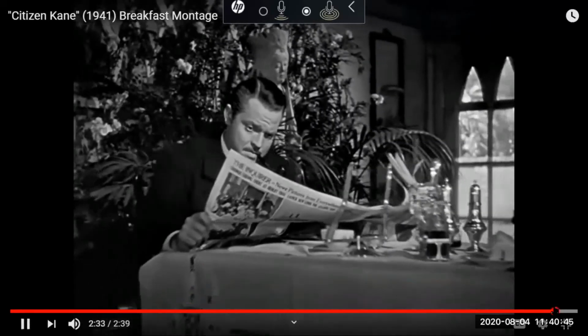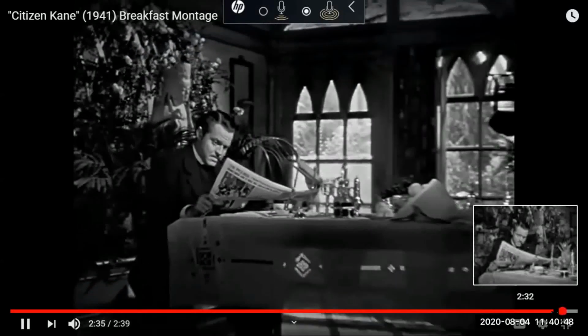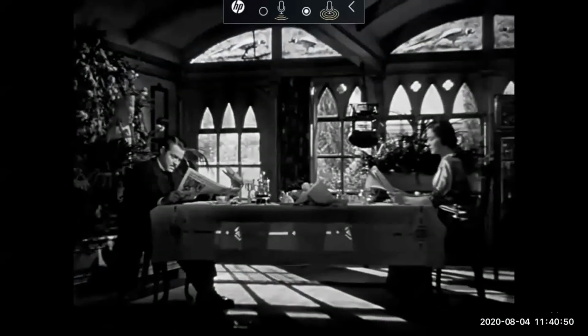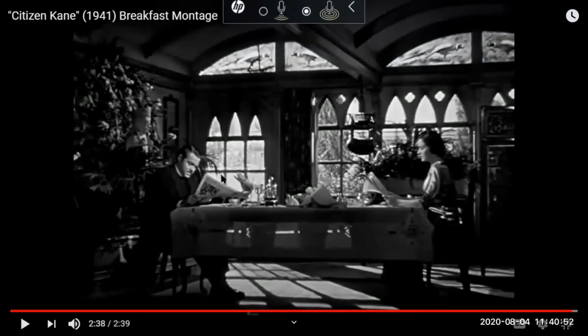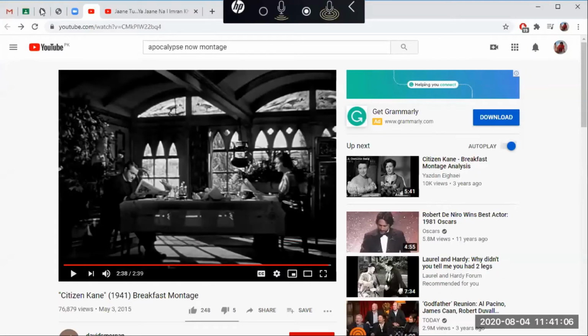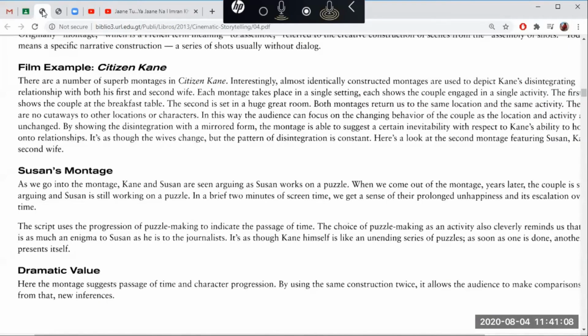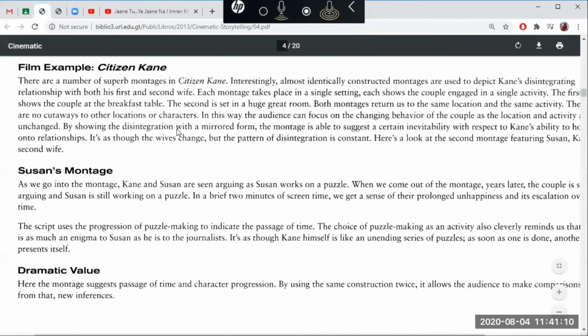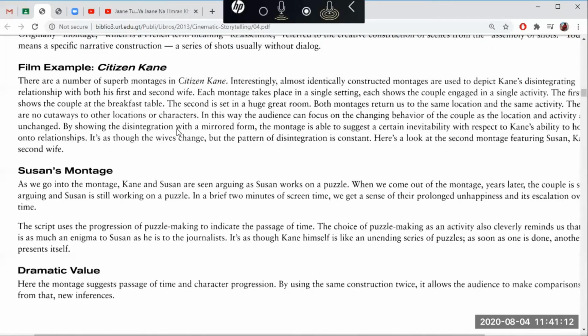Okay, all right, so it is just saying that you can see that same dining table, but by the end of the sequence, the woman is no longer sitting close to him on the table, but they are sitting on two far ends, right? That the author says shows disintegration of marital relationship of Kane with his first and second wife.